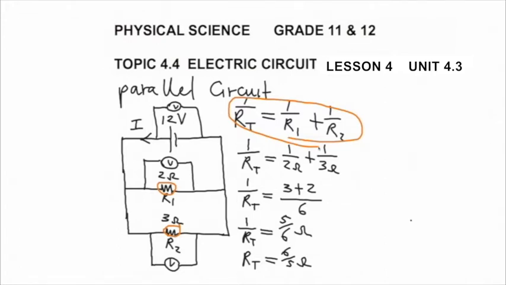Hence, if we use the general formula that I provided, we substitute the values 1/2 plus 1/3 to arrive at the total resistance, which is 6/5. This 6/5 is the effective resistance for those two in a parallel combination.